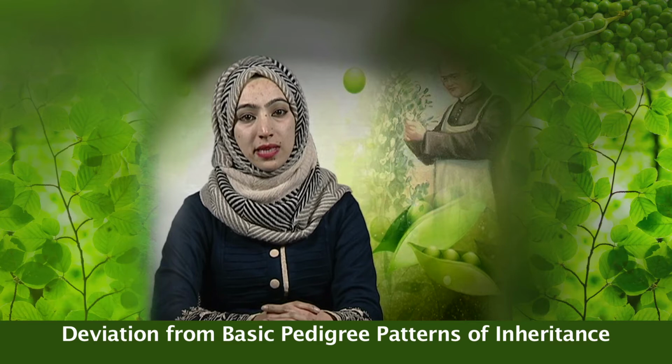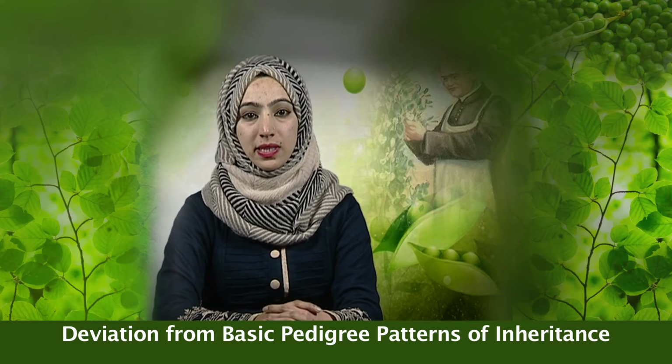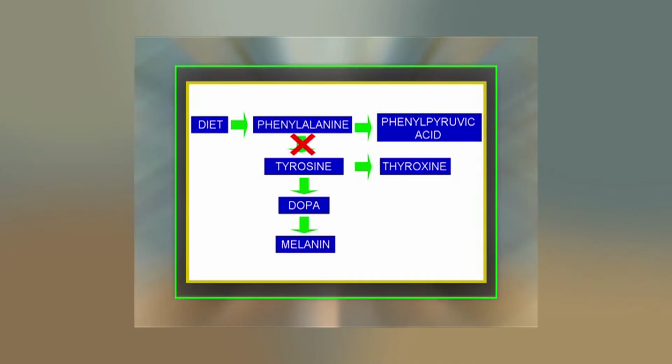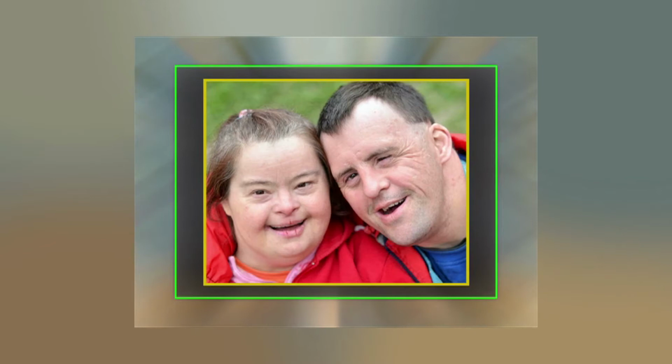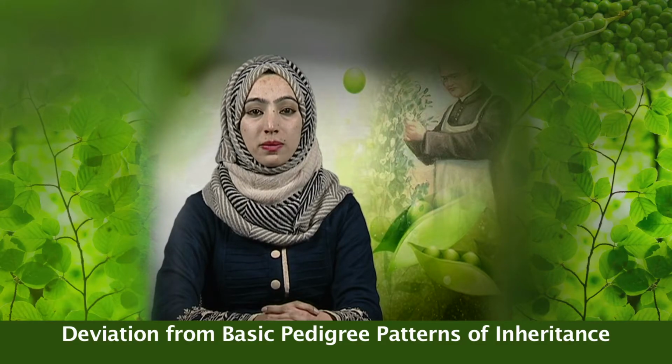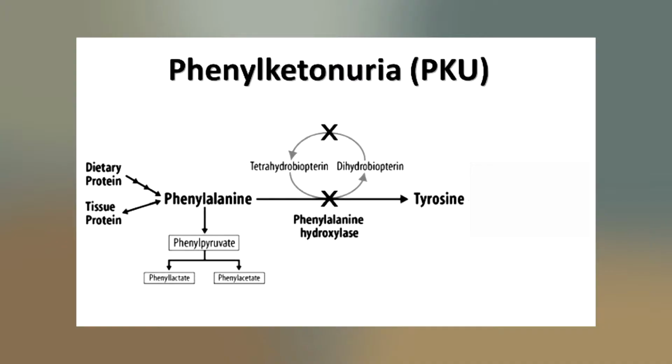A classical example of pleiotropy is the human disease phenylketonuria. This disease can cause mental retardation and reduced hair and skin pigmentation, and can be caused by mutation in a single gene that codes for the enzyme phenylalanine hydroxylase, which converts the amino acid phenylalanine to tyrosine.